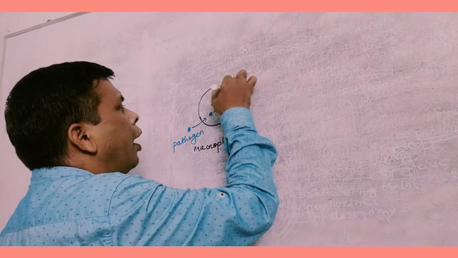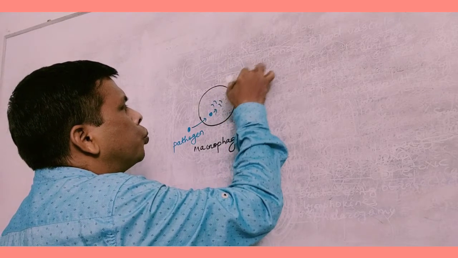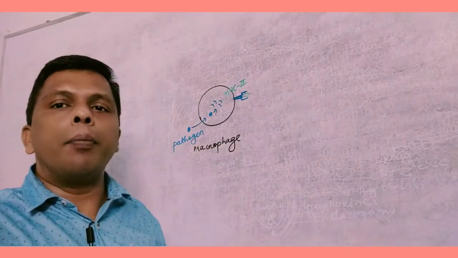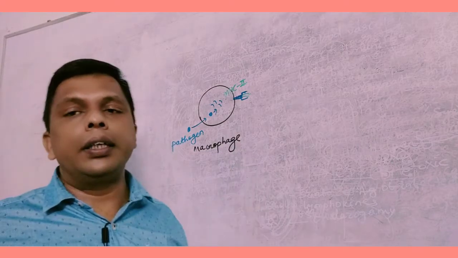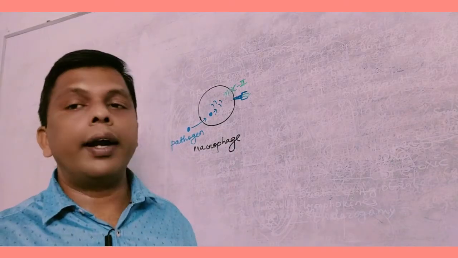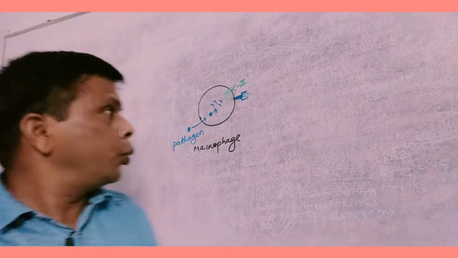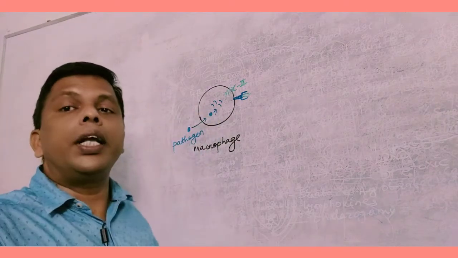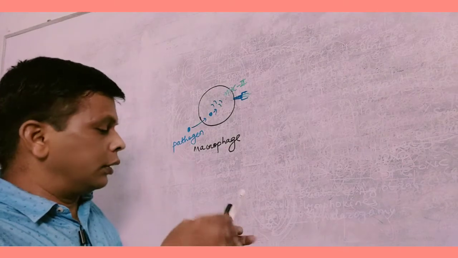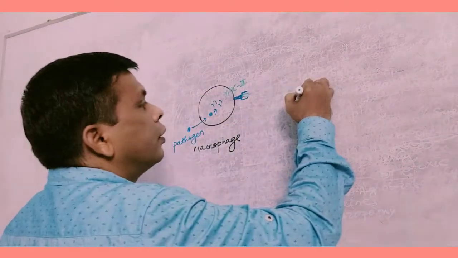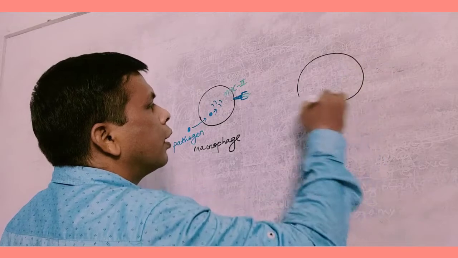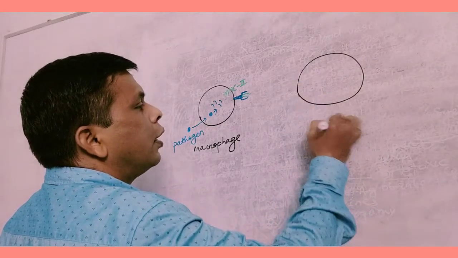This is MHC2. So MHC2 presents it. Then what happened? This MHC2 shows it to the T cell. Suppose this is one of the T cells.